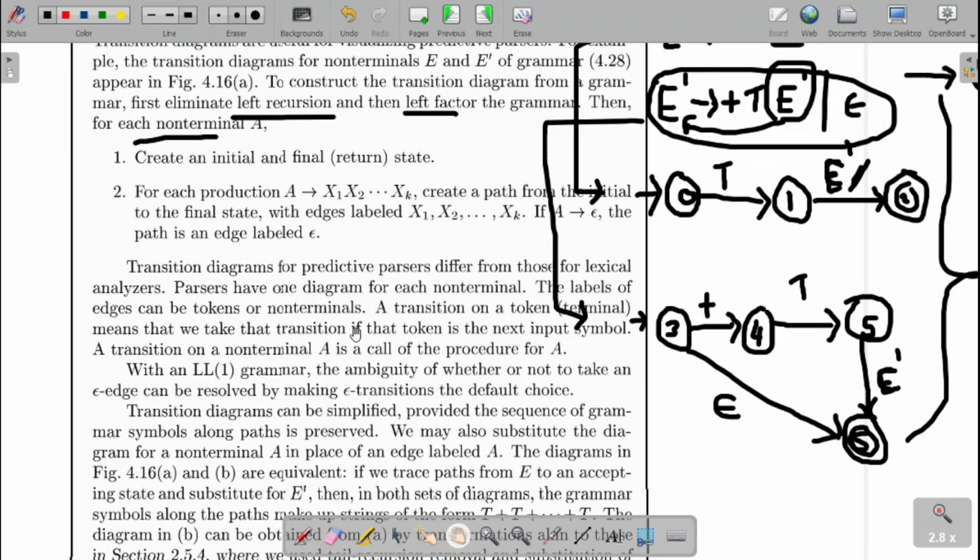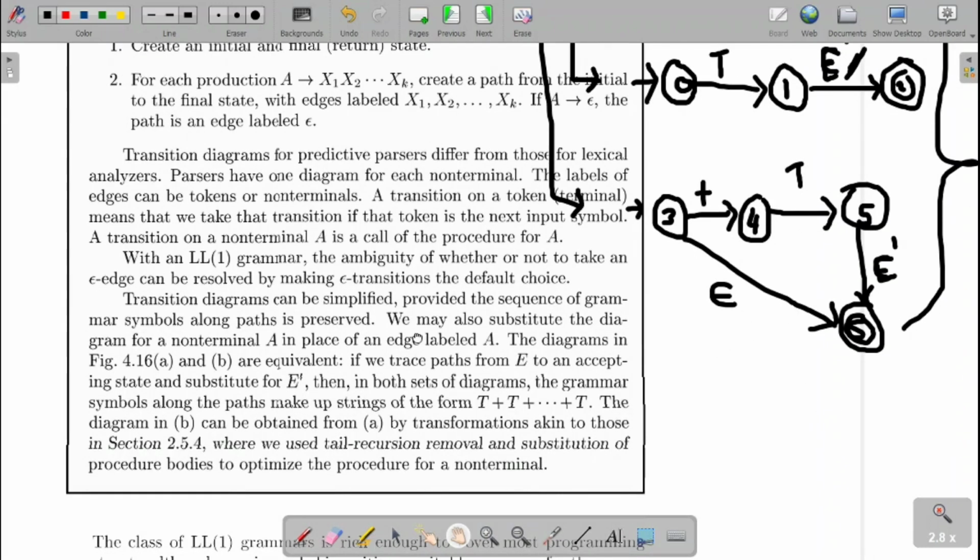A transition on a token, that is a terminal, means we make that transition if the token is the next input symbol. If it is a non-terminal, we call the procedure for it. With an LL(1) grammar, the ambiguity of whether or not to take an epsilon edge can be resolved by making the epsilon transition the default choice.